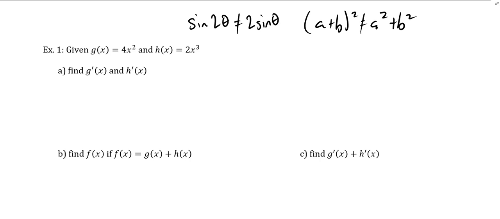Okay, so go ahead and find G prime and H prime. I'm worried if you're writing, you're not listening, but that's my fault. Oh, you already did it. Very good.